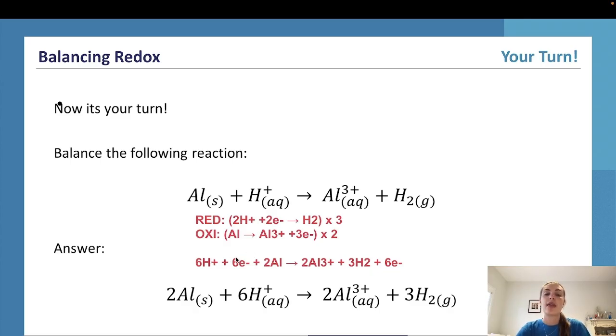So we can take out the 6 electrons on both sides, because that's just a net change of 6 electrons from both sides, so we don't need to show it. Then that gives us 2 aluminium plus 6 hydrogen ions makes 2 aluminium 3 plus plus 3 H2.